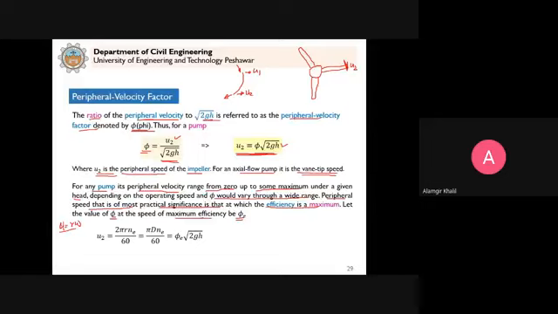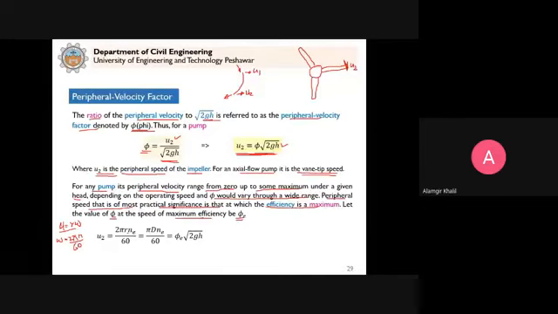This is the relationship between the rotative speed, angular speed and linear speed. So omega is equal to 2 pi n by 60, as we discussed when we discussed the efficiency of the pump. This omega is in radians per second, so this is 2 pi n divided by 60. So this is what is written here.